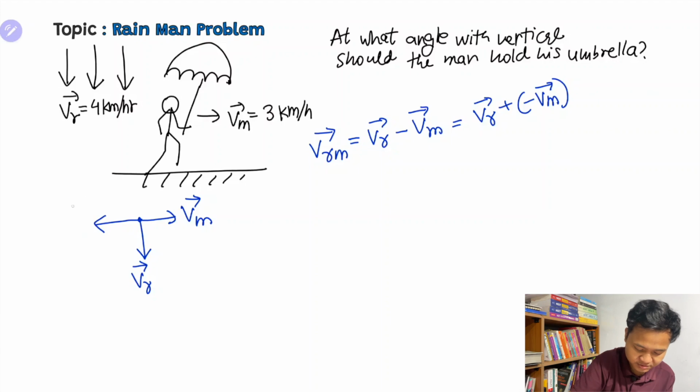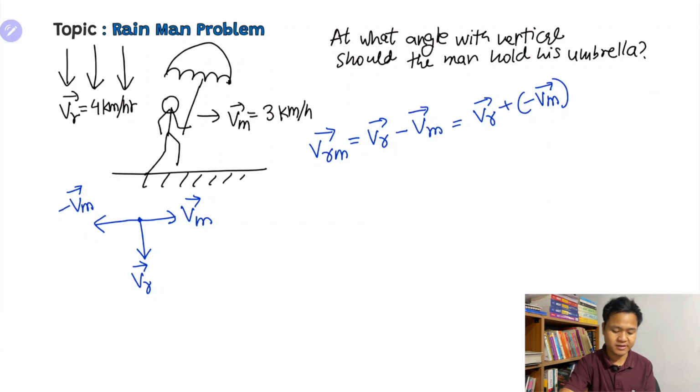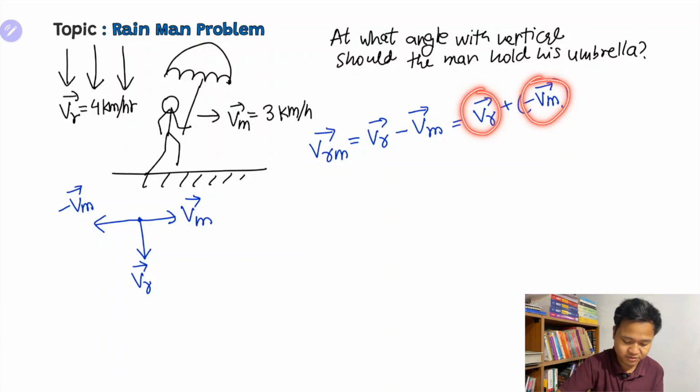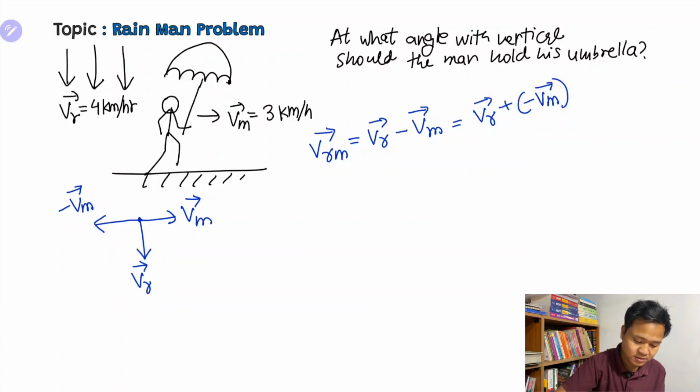So this is minus velocity of man. Now I have to find out the resultant of VR and minus VM. VR is this and minus VM is this. So I have to find the resultant of these two, and it will be somewhere on the side.